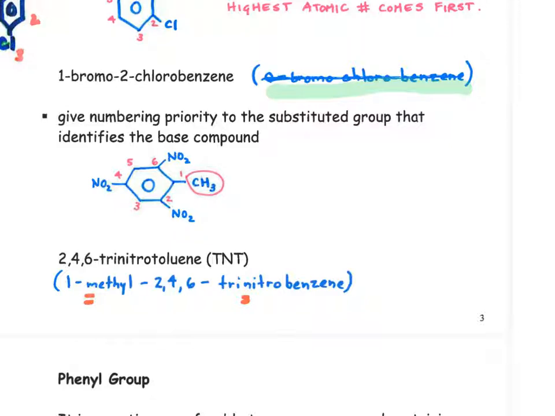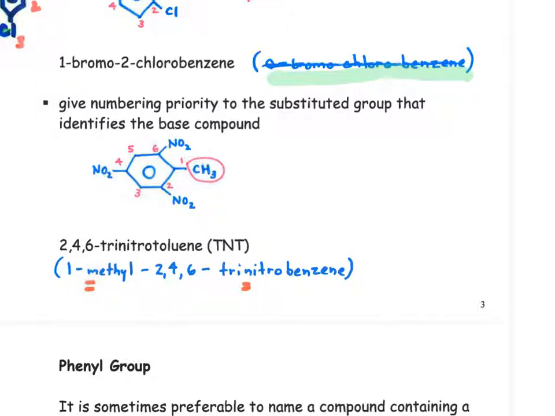Therefore, the methyl will be number 1, and then we can number away from that to put our nitro groups at the 2, 4, and 6 positions. Notice again alphabetically, the methyl comes before the nitro. The tri is not considered when we're positioning the names.